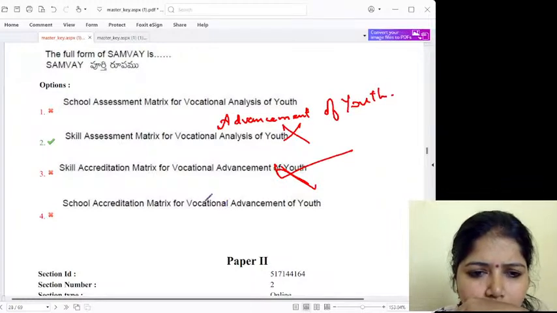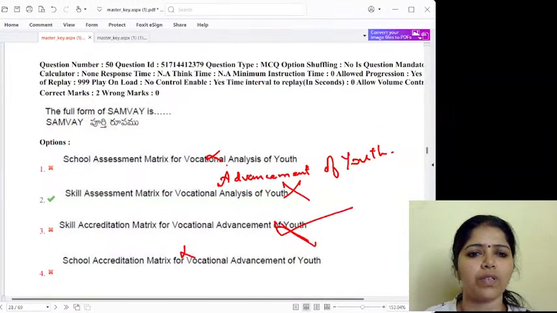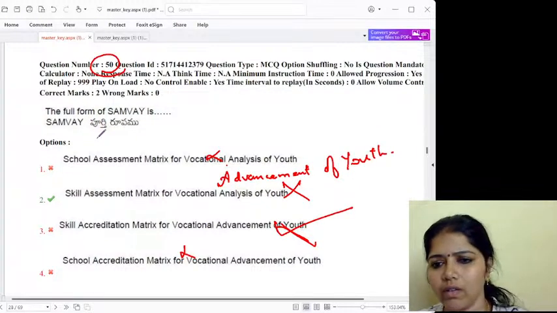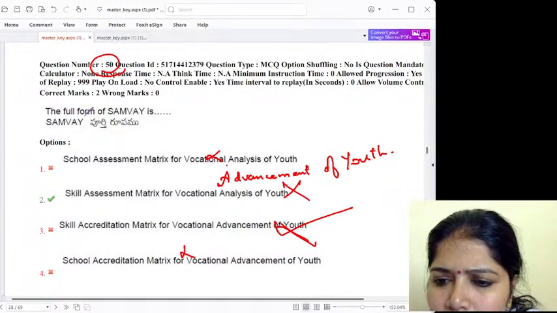I think there is no such option given here. Skill assessment accreditation matrix, wrong. This is also wrong. That 43 question and this 50 question can be challenged here. Clear? There are so many questions you can challenge.